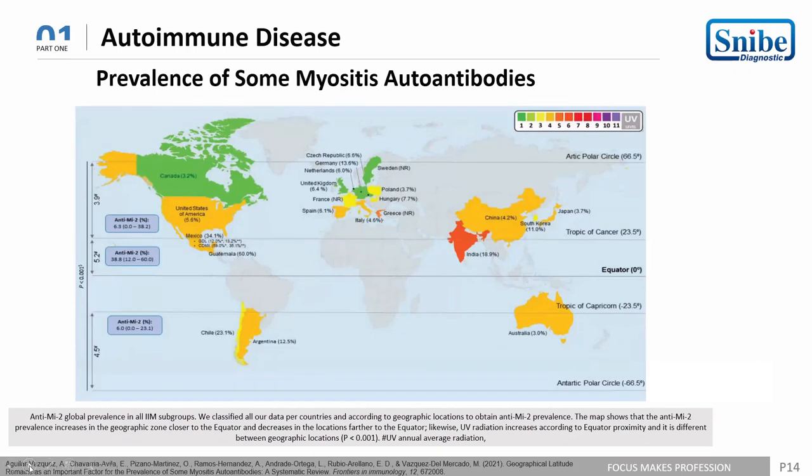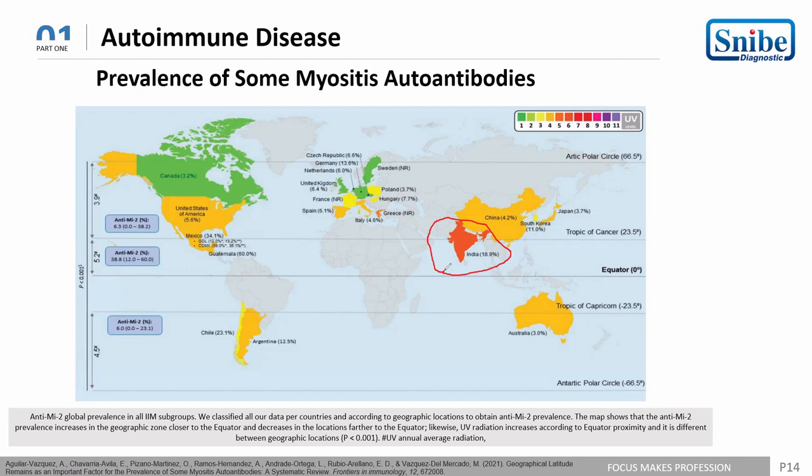So let's talk about the prevalence of some myositis autoantibodies. You can see here the UV levels. It has been observed that countries which have a high level of UV exposure, like India or the Middle East countries, have more prevalence.